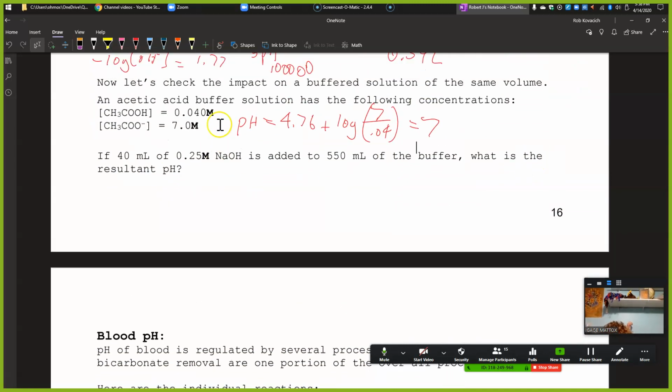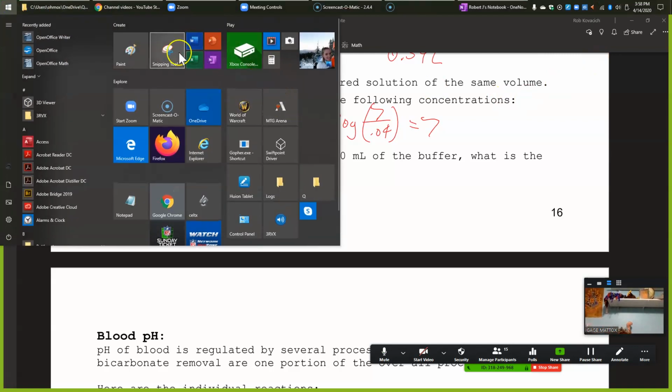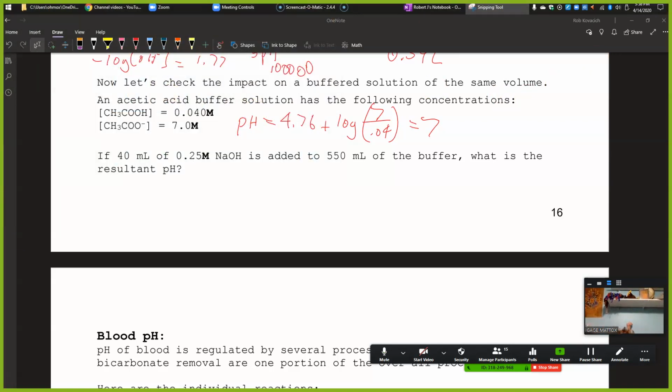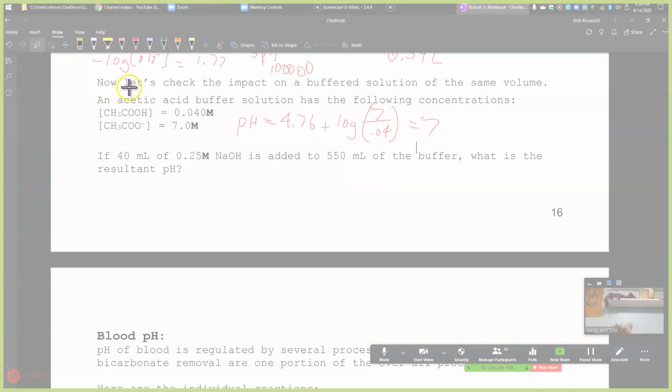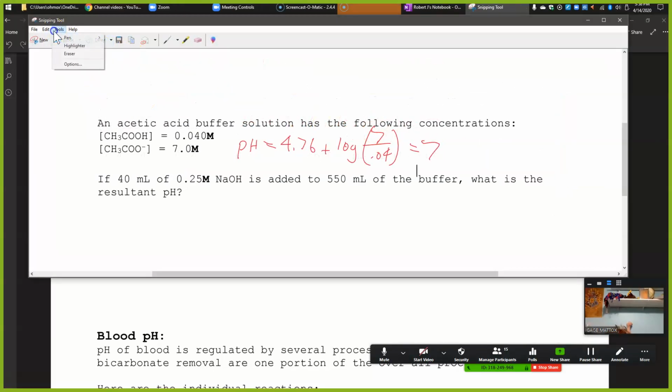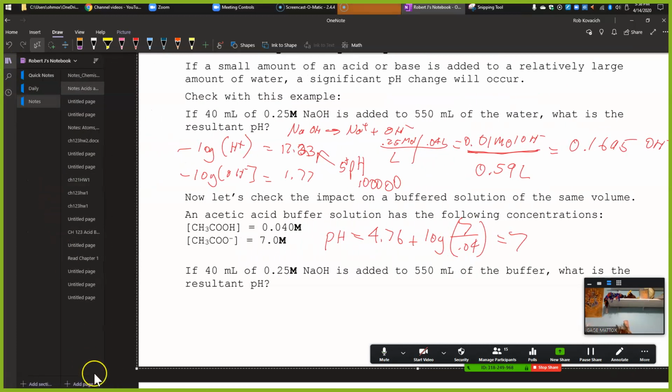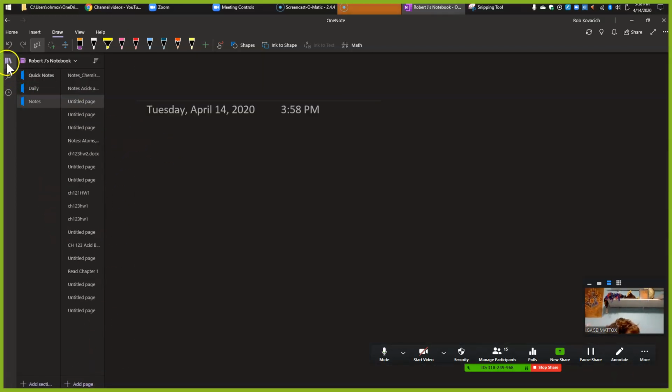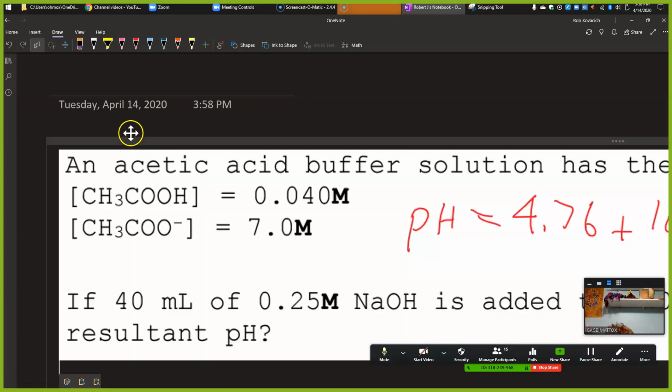So let me grab this, copy, go here, add a new one of these pages, and then put it down here.